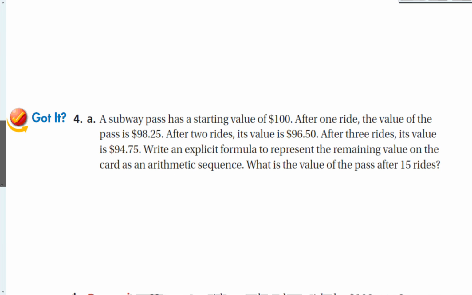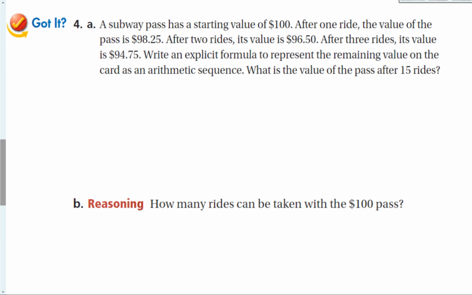So let's try a Got It problem. Subway Pass has a starting value of $100. After one ride, the value of the pass is $98.25, two rides $96.50, three rides $94.75. So let's just double check that this is an arithmetic sequence. The first one is worth $100.